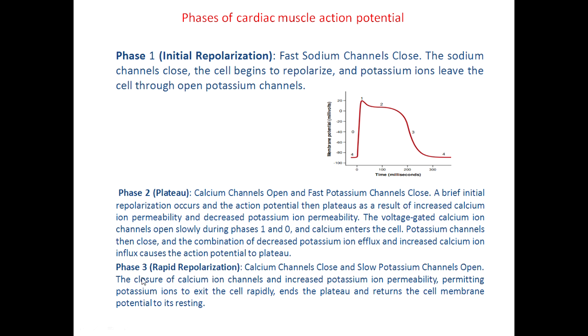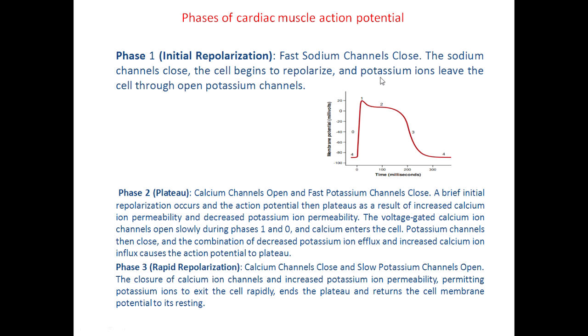Here rapid repolarization occurs. In rapid repolarization, calcium channels close and slow potassium channels open. When the calcium ion channels are closed, there is no further entry of calcium, while the increased potassium ion permeability, permitting potassium ions to exit the cell rapidly, ends the plateau and returns the cell membrane potential to its resting level.